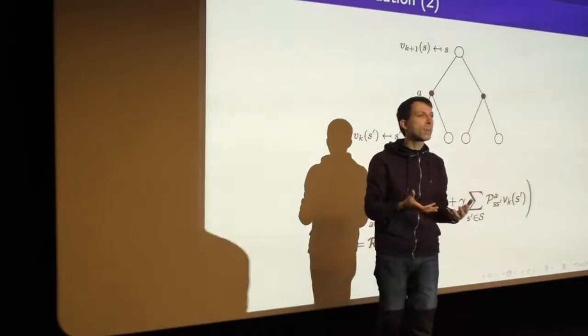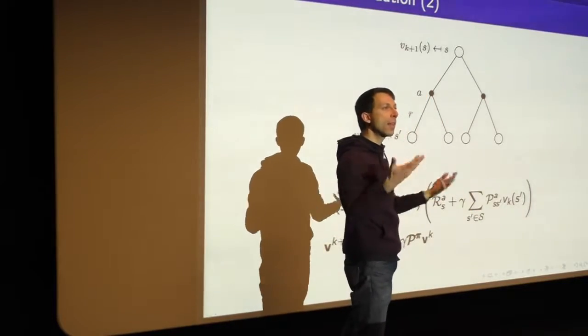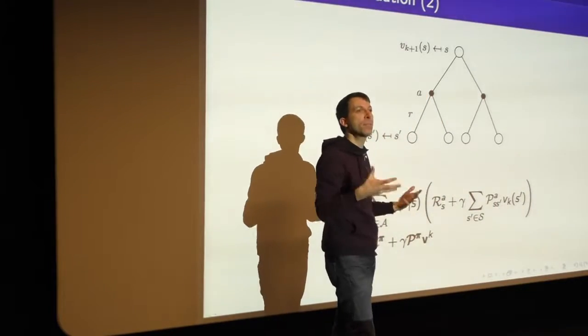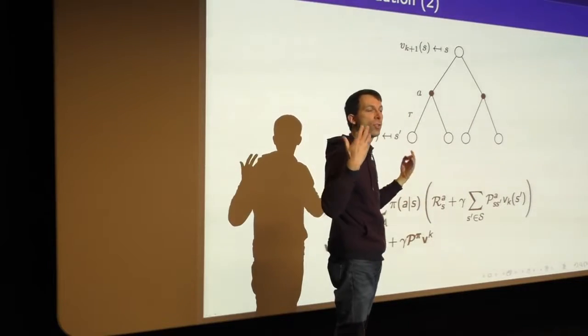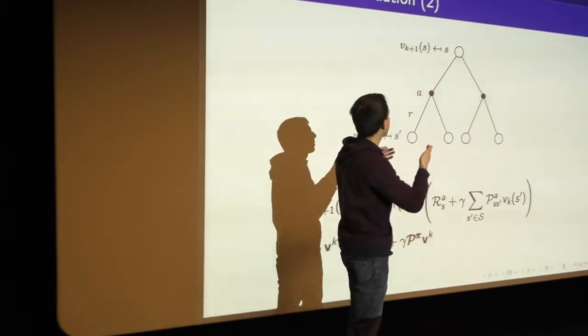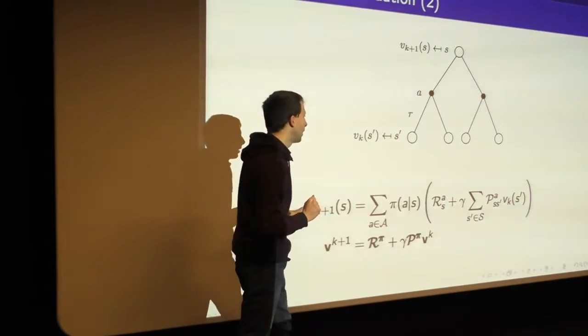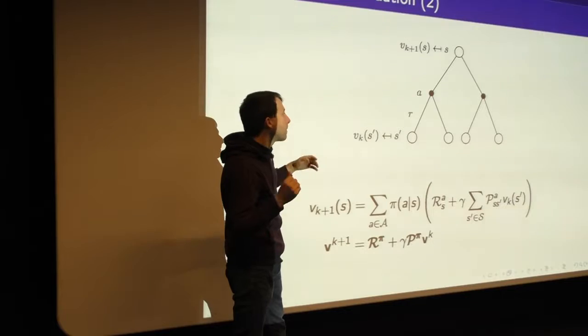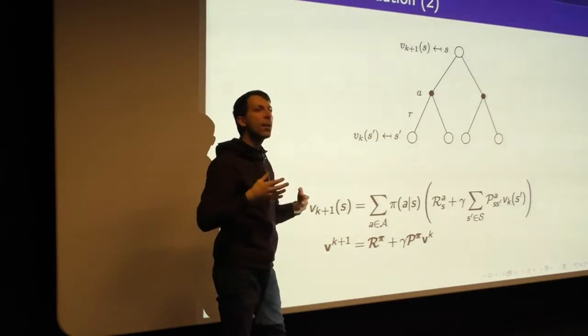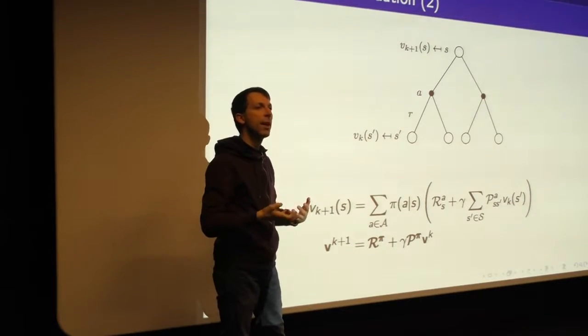All we're going to do with dynamic programming is take this equality. The Bellman equation told us this thing must be true for the true value function v pi, so this must be equal to this. Now we turn this equation into an iterative update.